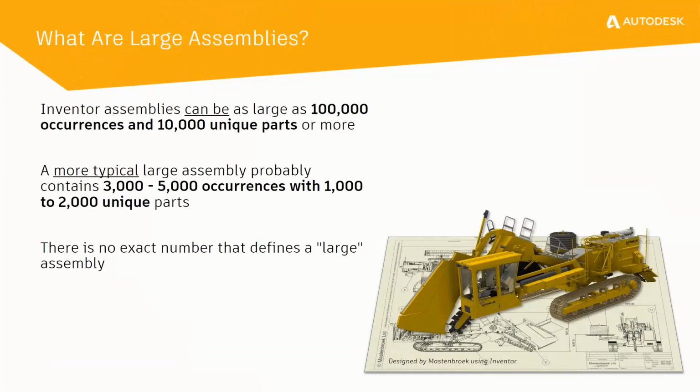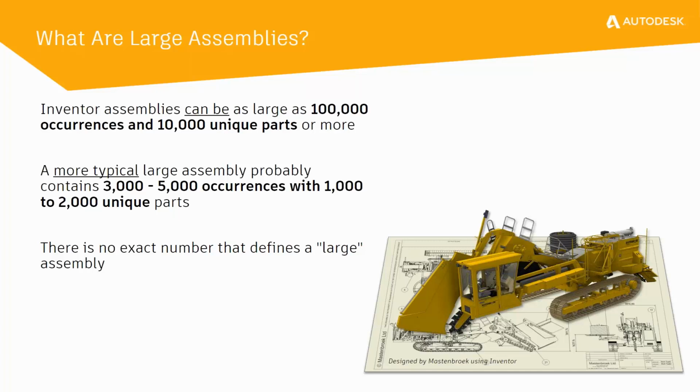Now, don't be confused here with the definition, because many of you might attribute that to simply a part count. You might say, well, I've got 100,000 parts in my assemblies and 10,000 of which are unique. But that doesn't necessarily mean it's a large assembly. By all means, that is a large assembly, but the reality is that it alone doesn't mean that it's a large assembly.